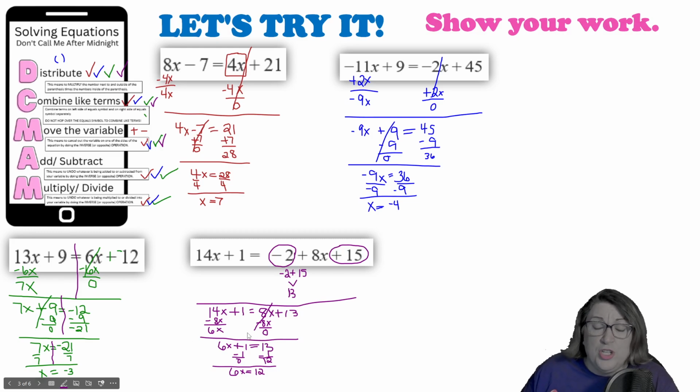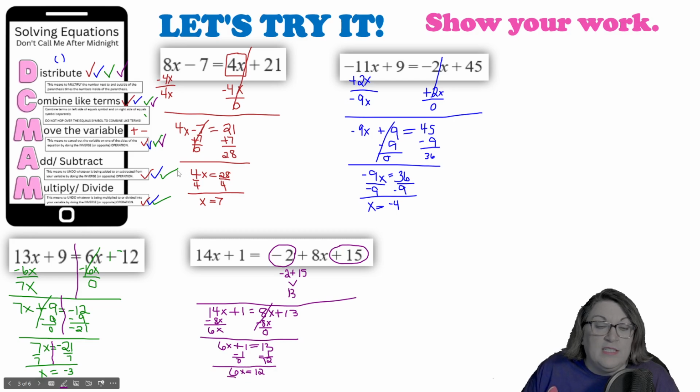So if that helps you, it's okay to draw a line through the equal symbol, just to make sure you're doing everything on both sides. When you're using those properties that we're going to talk about in class, which is the addition property, subtraction property, division property, and multiplication property. And of course the distributive property.